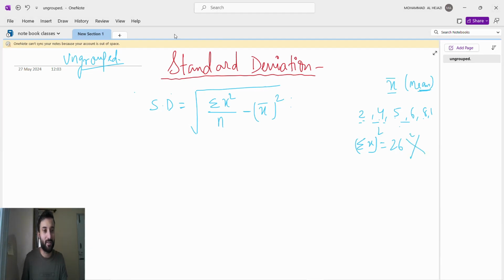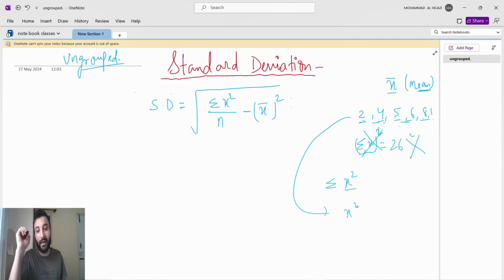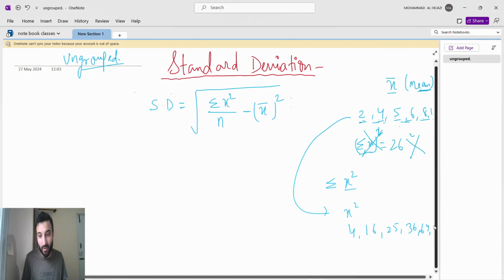No, this is wrong. This is wrong because it says summation of x square. It is not a summation of x whole square. It is a summation of x square, means they will give the x, the observations, and for those observations you have to find the x square: 2 square is 4, 4 square is 16, 5 square is 25, 6 square is 36, 8 square is 64 and 1 square is 1.